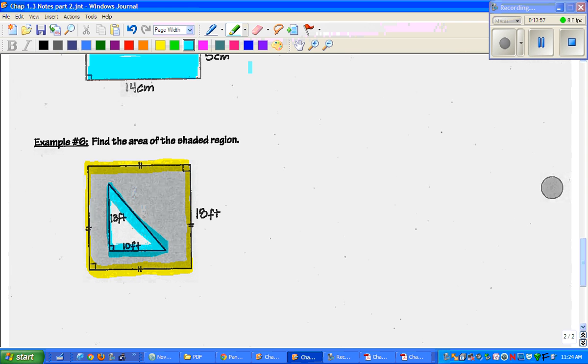So if we were going to find the area of this, the area would be the big square minus the triangle. And we're talking area. So area would be length times width minus the area of the 1/2 base times the height.